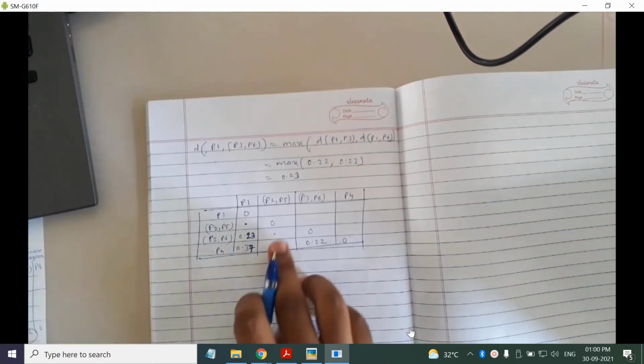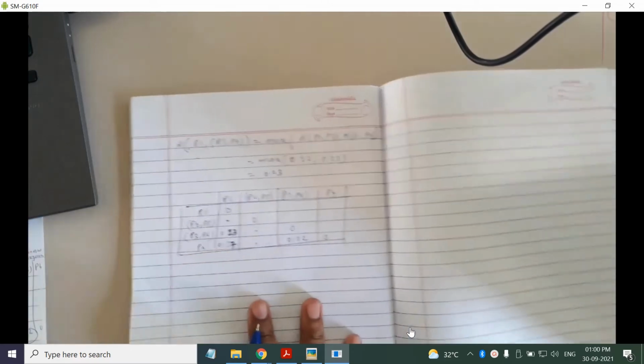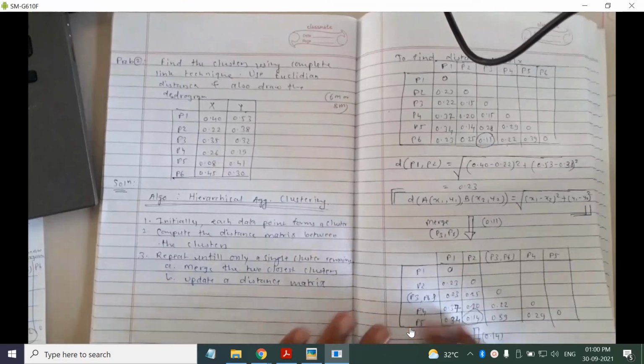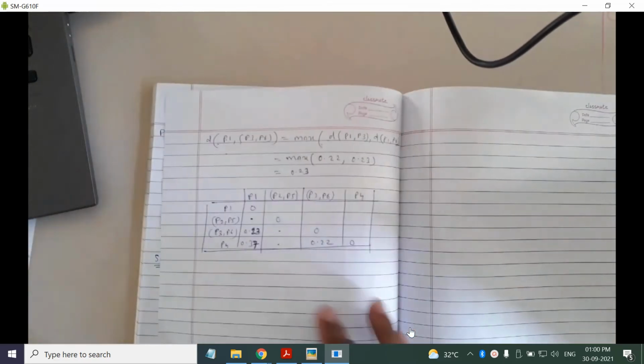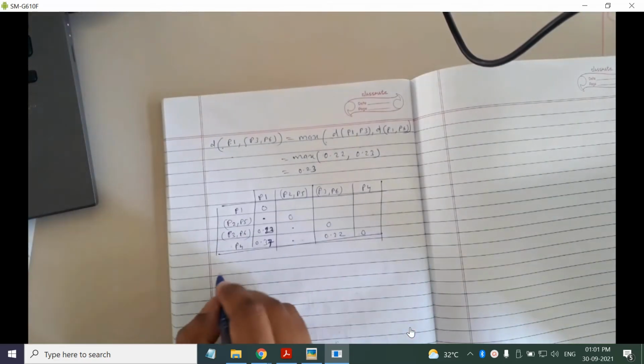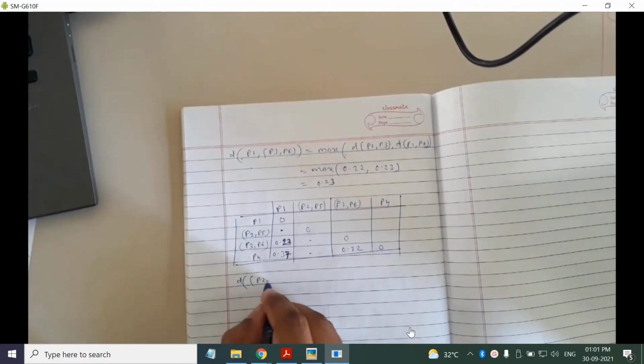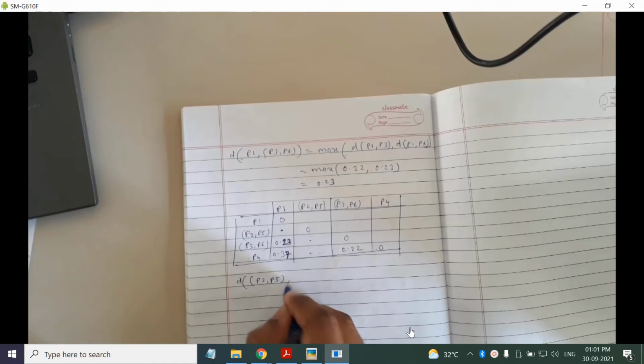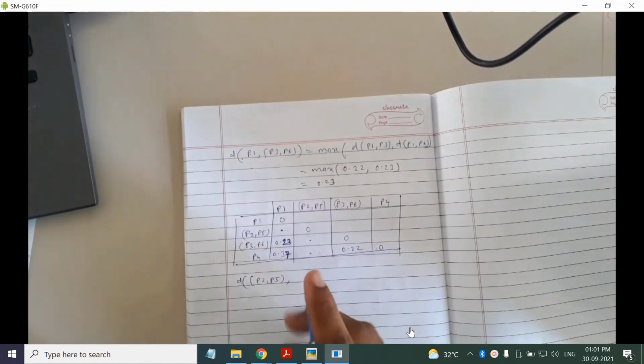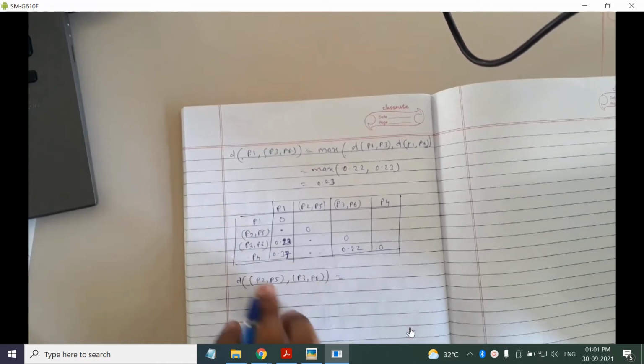Now for this, again refer to the previous table, and you can directly calculate from here, but I will show you for the first point. You are interested in finding the distance between P2 P5 and P3 P6. P3 P6 is already a cluster, right?